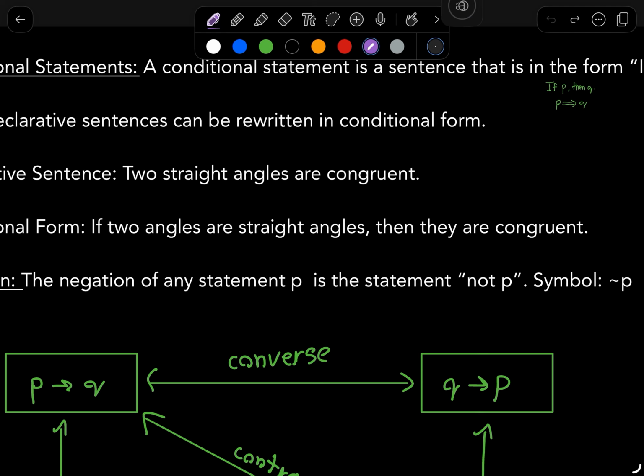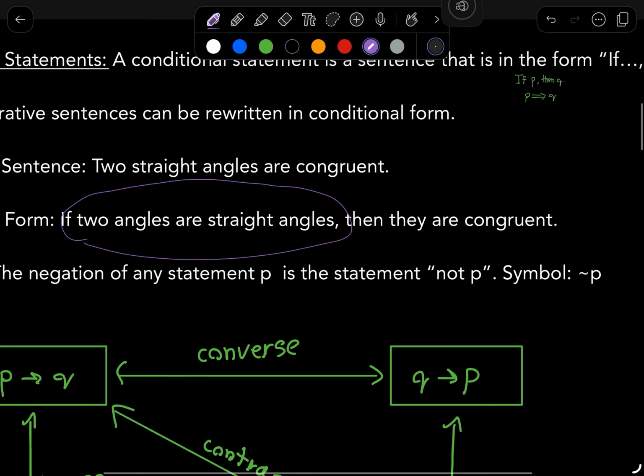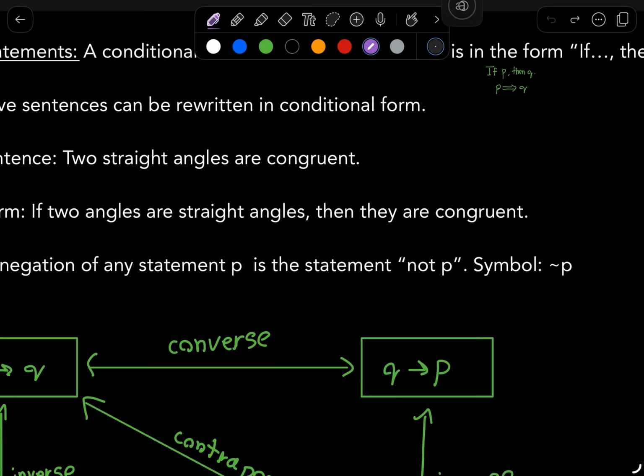This if part is what you can call the condition. That's where the term conditional comes from. So if that condition is fulfilled, if two angles are straight angles, then you can have this result, that they're congruent. As long as this first condition is met, you can determine that.